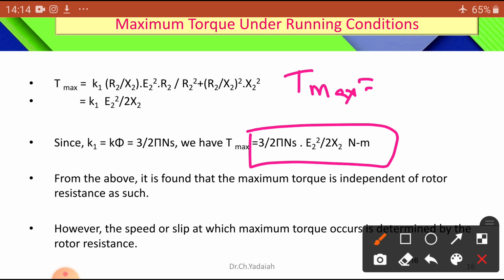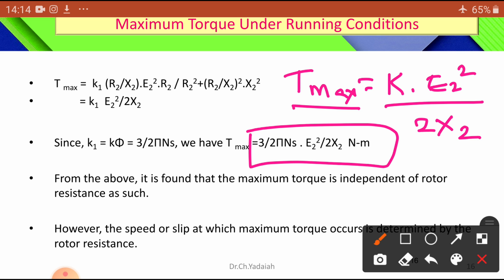What is the value? We are going to get k into E2 whole square by 2x2. That means R2 is not there. That means the maximum torque developed is independent of the rotor resistance R2.